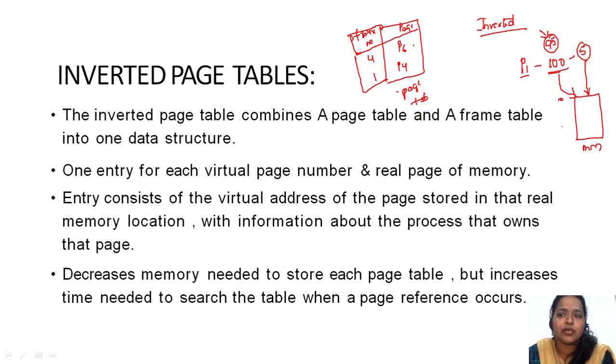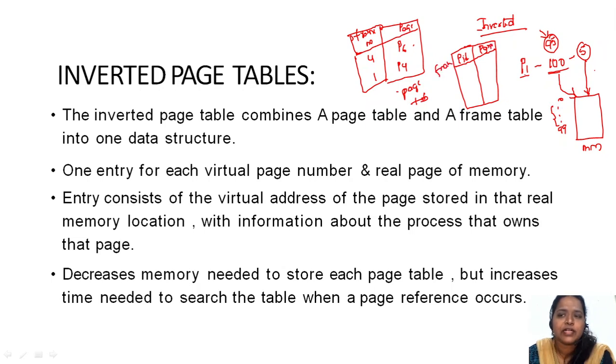So the page tables for instructions 0 to 99 have to be loaded onto the main memory, which is very space consuming. In order to overcome this drawback, we go for the inverted page table. In this inverted page table, we maintain a process ID, page number and the frame number.